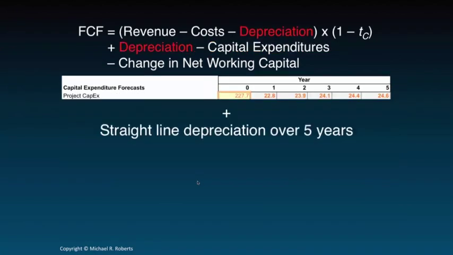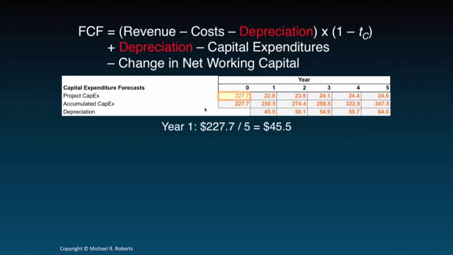Now, we're going to assume we're going to straight line depreciate this capital expenditures over 5 years. What that means is 1/5 of the capital stock is going to depreciate each year. So to make things a little bit easier, I'm going to create a row of accumulated capital expenditures. That's nothing more than the current plus all previous capital expenditures.